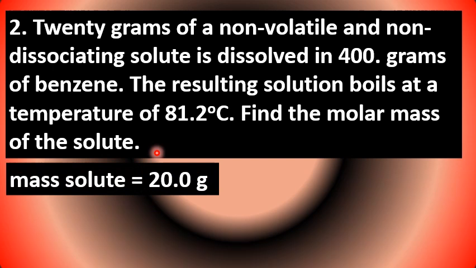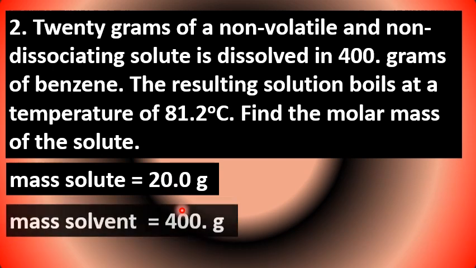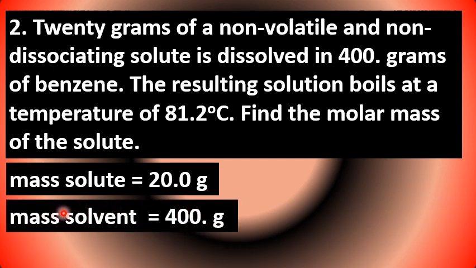So we are given the mass of the solute, 20.0 grams, and also the mass of the solvent, 400 grams. This is the mass of benzene.